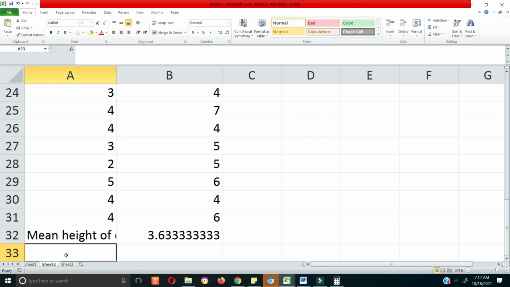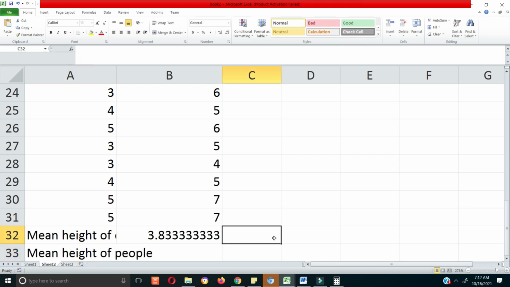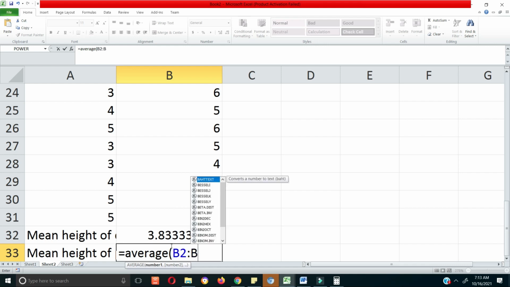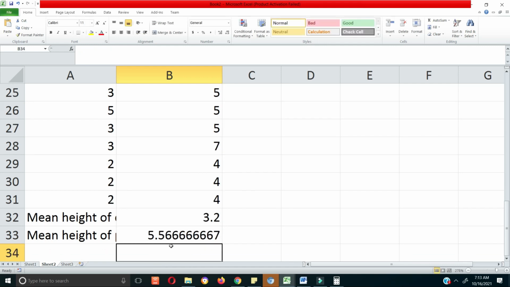If you get the mean height of people, because the values are bigger, you expect the average height here to be higher, right? Simply because people are taller than dogs. B2 to B31, right? So you have the average of 5.6.